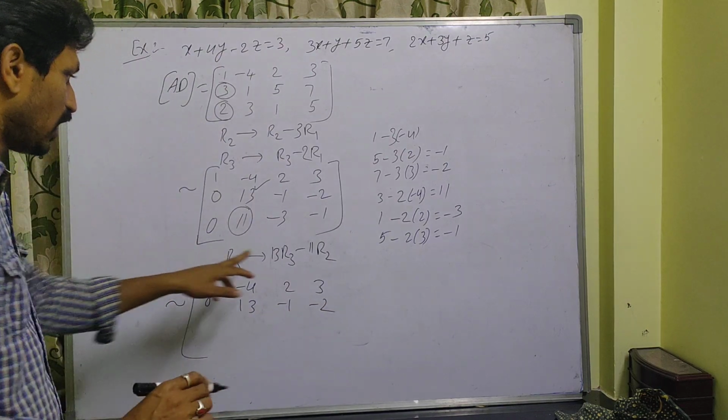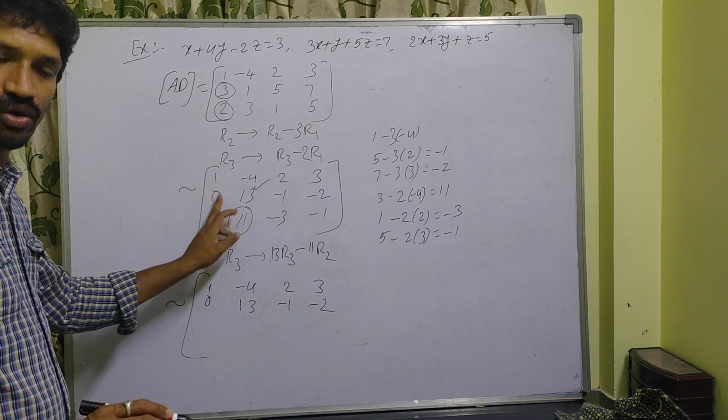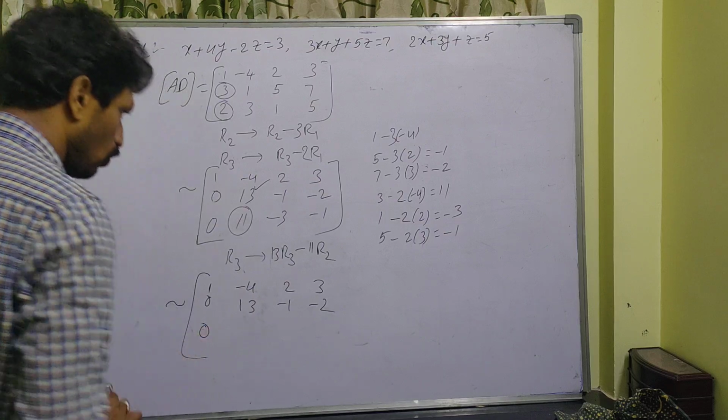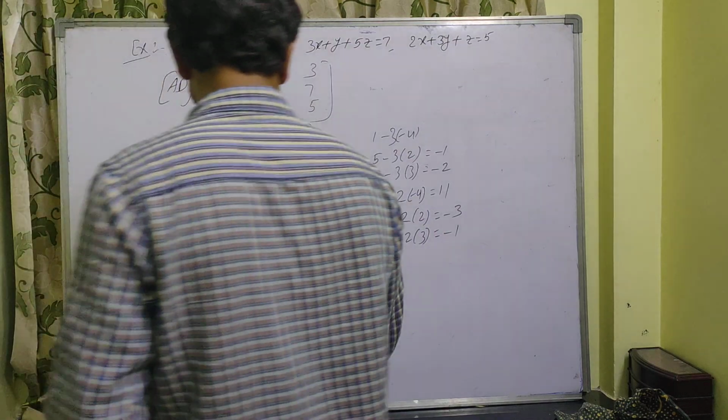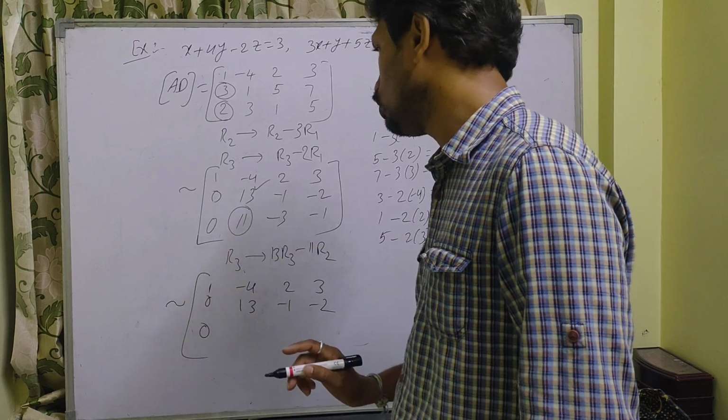Third row: here 13 into R3, 0 minus 11 into R2, that is 0. So total 0 minus 0, 0 only. Next, 13 R3. So 13 into 11 minus 11 into 13.